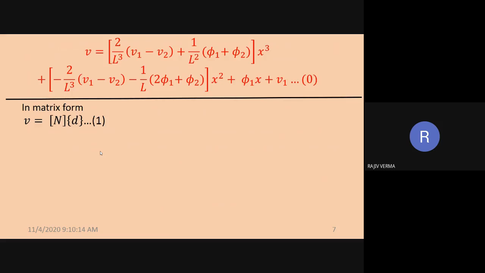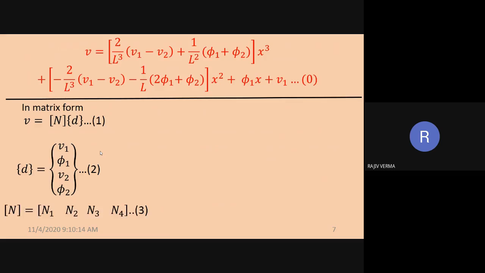In this particular equation, N represents the corresponding shape functions, and the degrees of freedom are represented by a matrix B, that is equation number 2. Because we have 4 degrees of freedom, there are 4 shape functions involved.